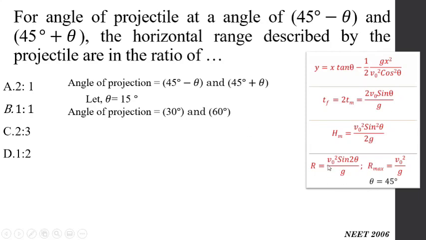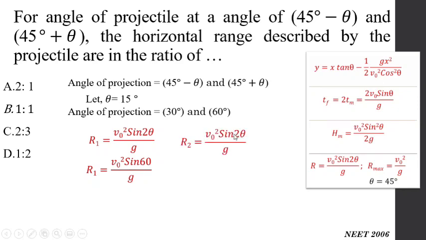So range formula is V0 square sin 2 theta by G. To find out R1, we will put 30 degree angle, so it becomes sin 60, and for R2 this angle becomes 120. So R2 will be equal to V0 square sin 120 divided by G. Now let us take the ratio of R1 and R2 because that is what we need to find out.